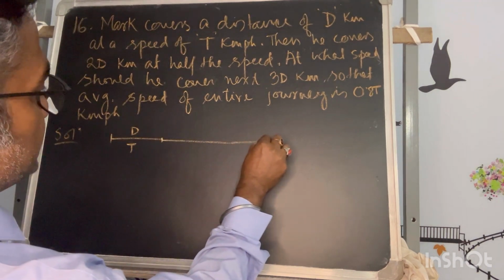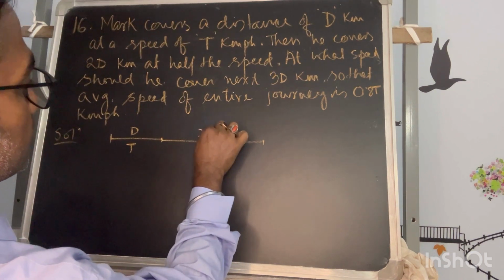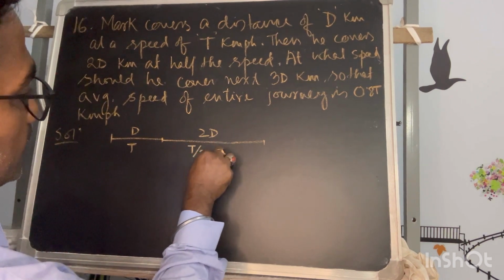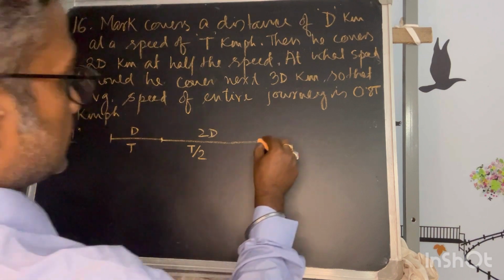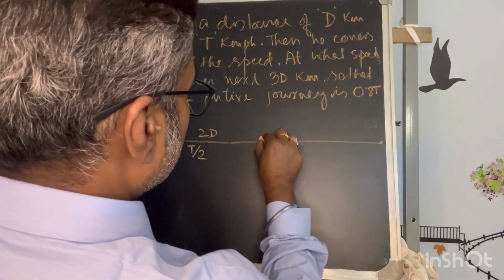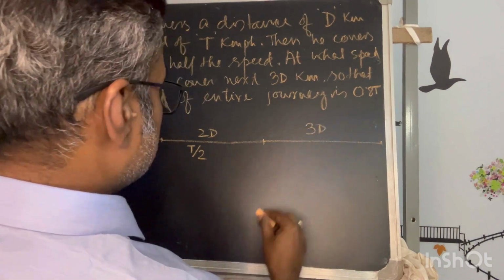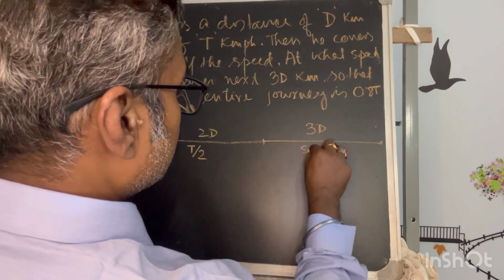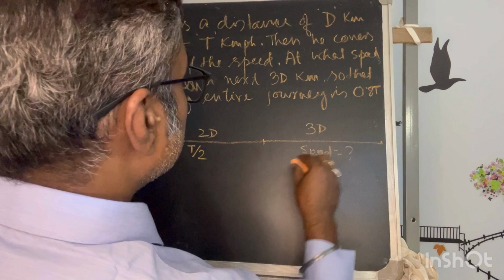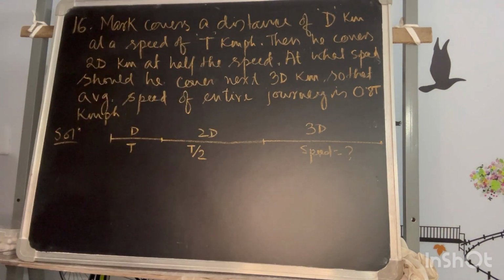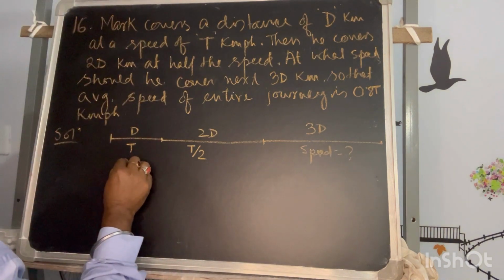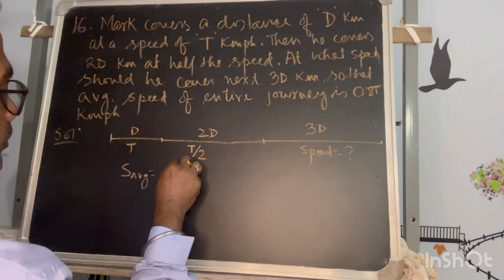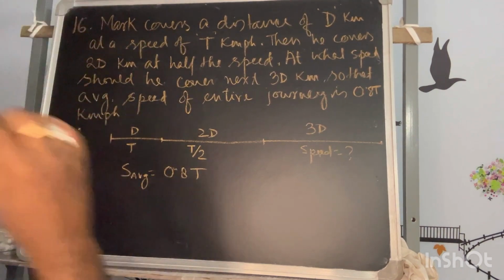Then for the further distance of 3d, we are asked what the speed is, so that the average speed for the entire journey is 0.8t. That is the condition.